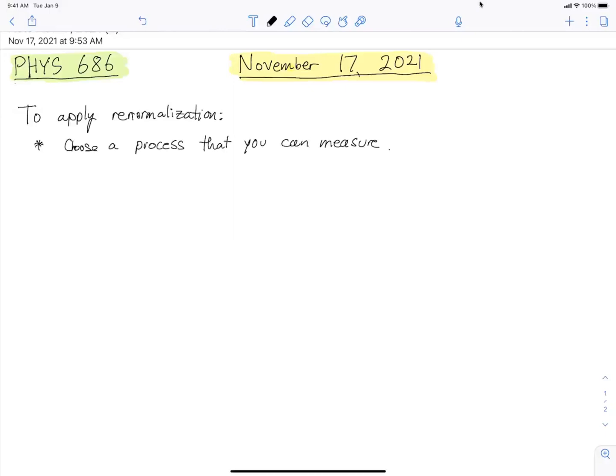Okay, and if we're doing renormalization, one thing we learned is that the coupling constants and the masses that we're going to use depend on a renormalization scale, which we get to choose. So let's say you choose an appropriate mu, which is the renormalization scale.